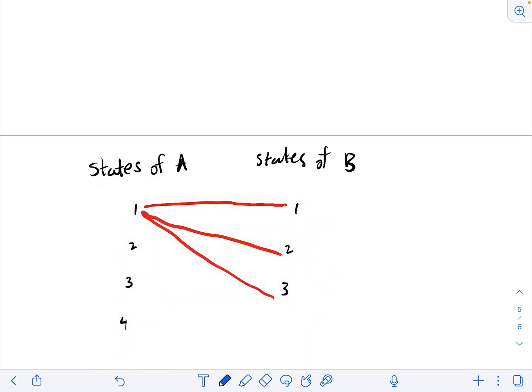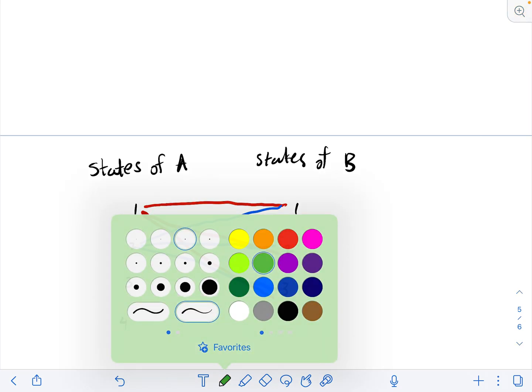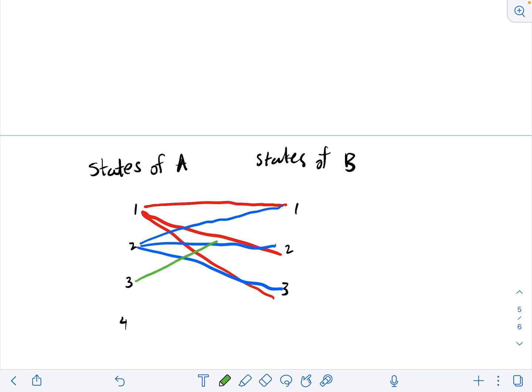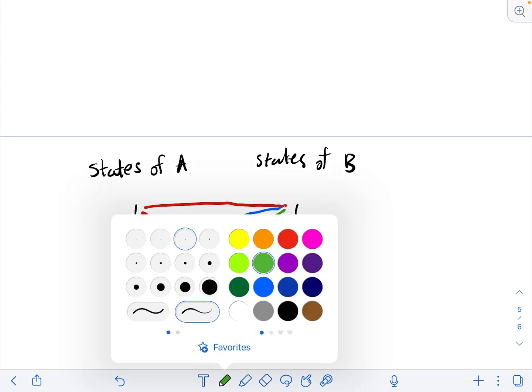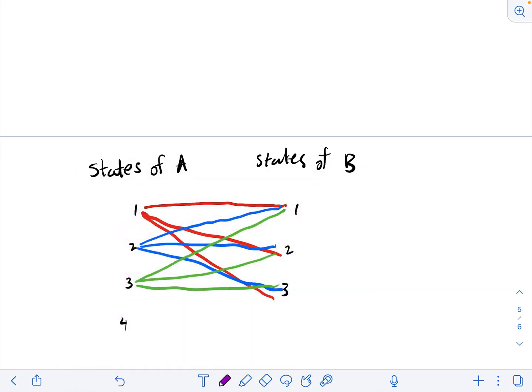Or it could be A in 2, B in 1, 2, 3. Or system A could be in state 3, and system B can be in any one of its states. And finally, A could be in state 4, and B could be in 1, 2, or 3.